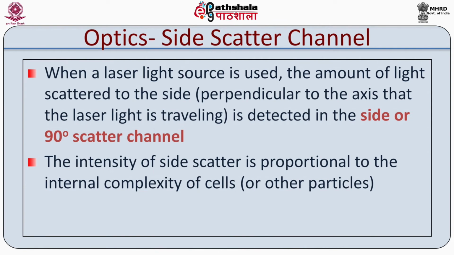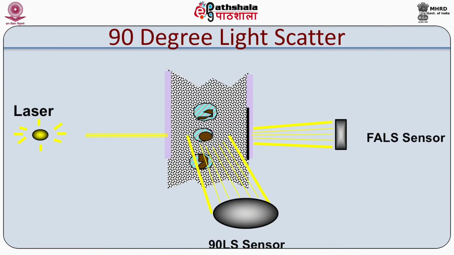When the scattered light is perpendicular to the direction of the laser light, it is detected in the side or 90-degree scatter channel. The side scatter is proportional to the internal complexity of the cells and reflects the granularity. So, shown is an example of both the forward scatter sensor and a side scatter sensor.